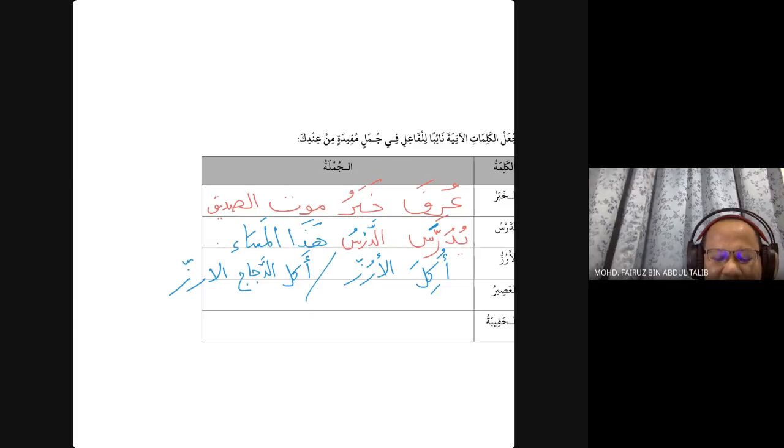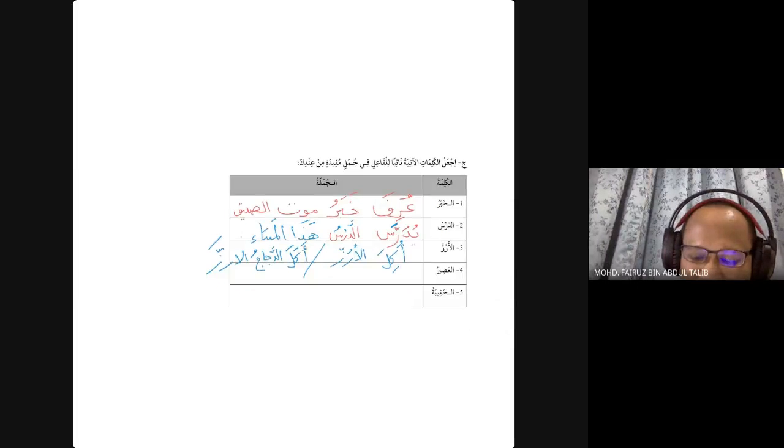See, in this case, we cannot do the direct translation from English, by the chicken. If you mention bid-dajaj, the meaning might be something else. So you need to use the ma'lum form again. Akala dajaju al-aruzza. So this is how you say the chicken ate the rice, or the rice was eaten by the chicken, the hen.